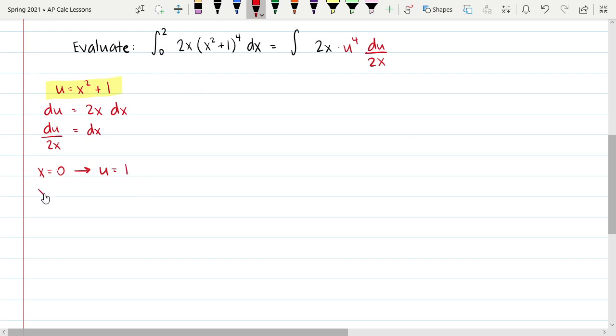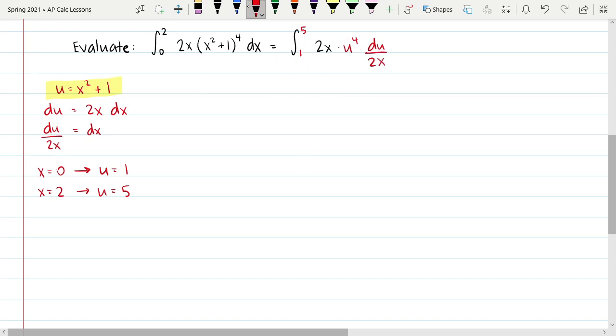And then when my upper limit x is 2, then u will equal 2 squared plus 1, and that's 5. So this is now the definite integral from 1 to 5 when it's in terms of u.